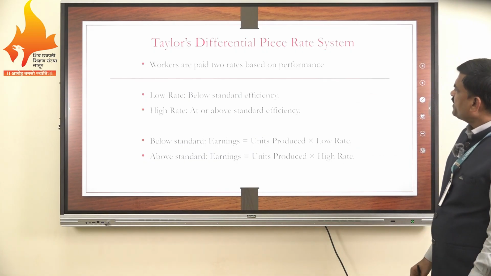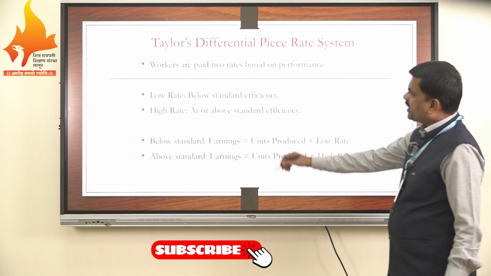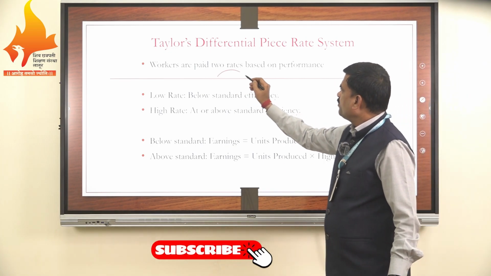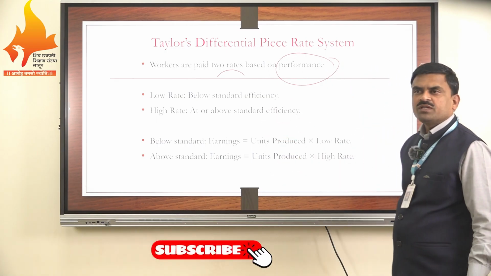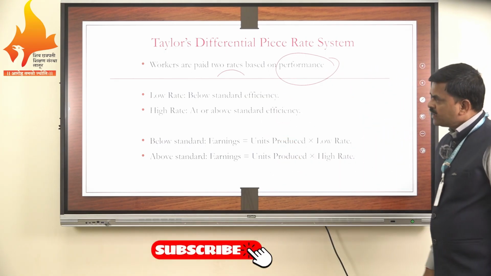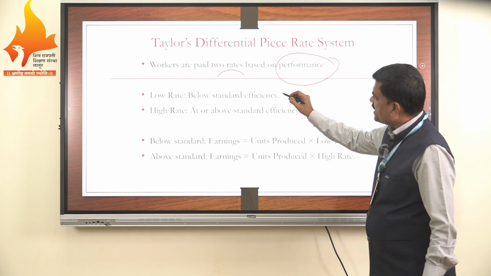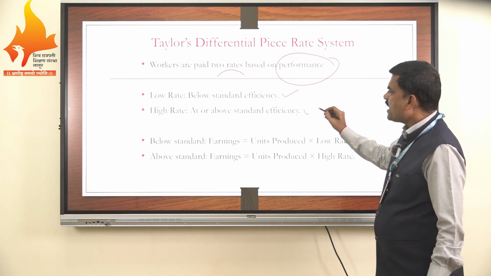In Taylor's differential piece rate system, workers are paid two rates based on their performance. We take into account the performance of the worker. The performance can be categorized as low rate and high rate.